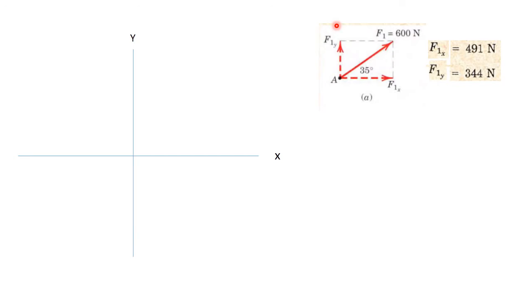Let us place it in the xy coordinate. 491 is positive, so it is directed towards the right side. 344 is positive, that's why it is acting upward. In this manner I place it in the quadrant.